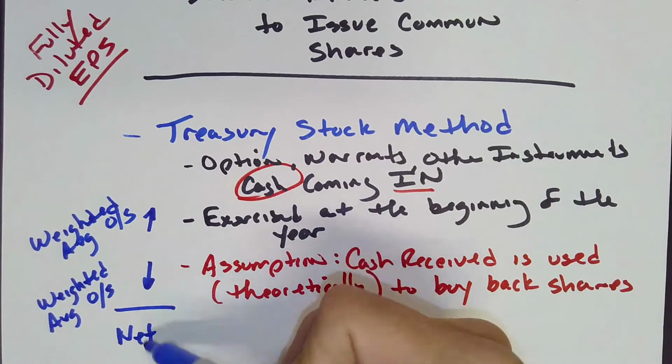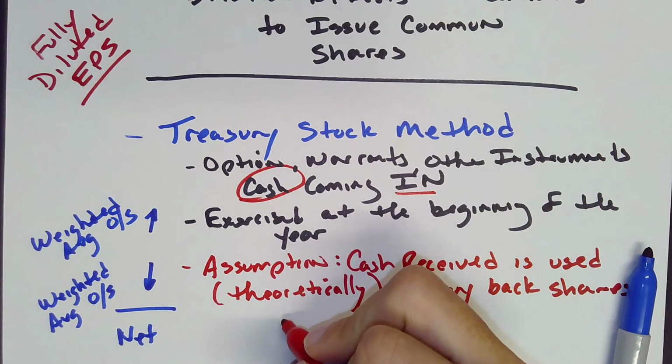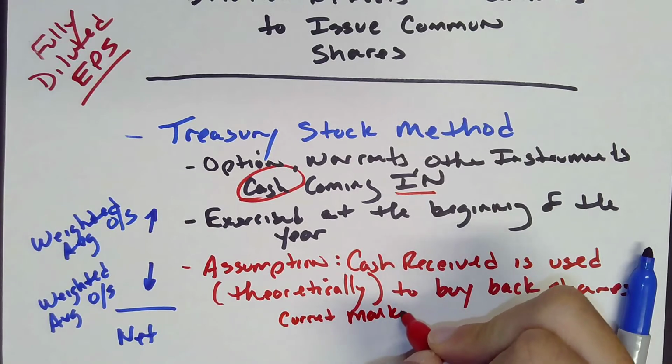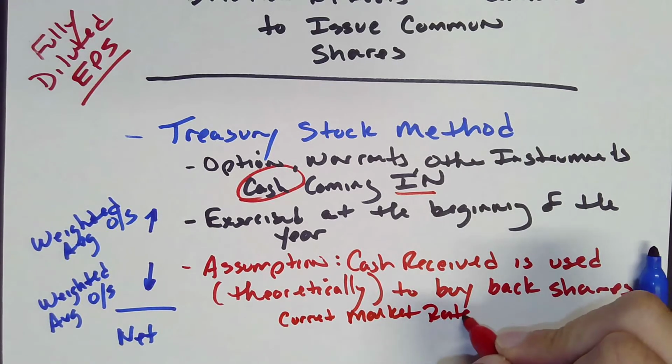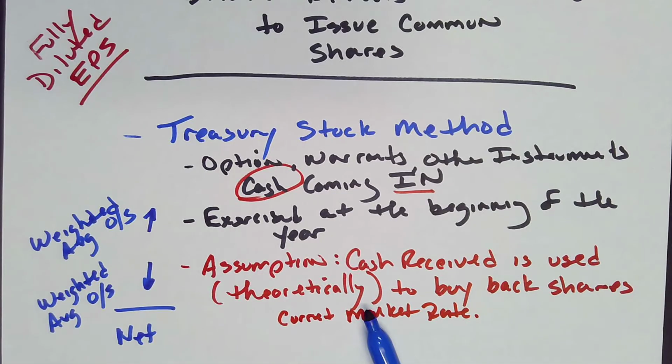That net change should be an increase, right? Because if we think about this, whatever we're going to buy the shares back, it is the current market rate.